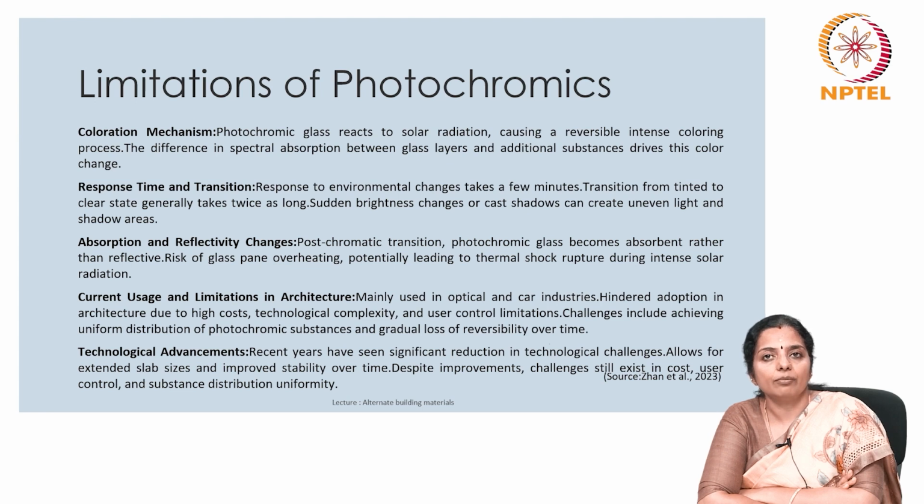Post transition, photochromic glass becomes absorbent, risking overheating and potential thermal shock rupture during intense solar radiation. Current usage is mainly in optics and cars due to high cost, technological complexity, and control limitations, hindering widespread architectural adoption.